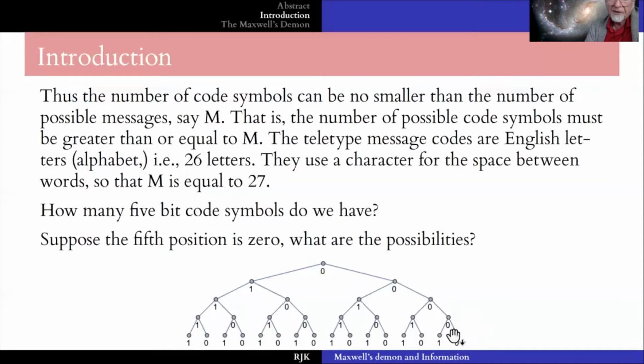So for 0, you have 16 possible ways that you could write from 5 zeros to a 0 and 4 ones. Then you, of course, have the same identical structure starting at 1, the other possibility. So the possible number of code symbols using 5 bits is 2 to the 5th, or 32, which is 2 times 16.